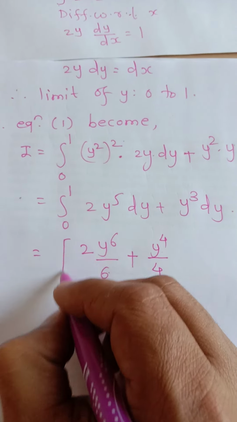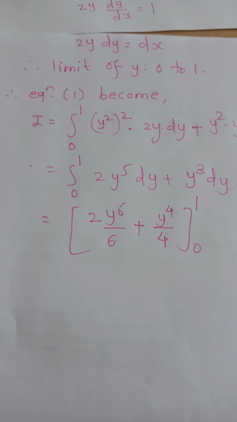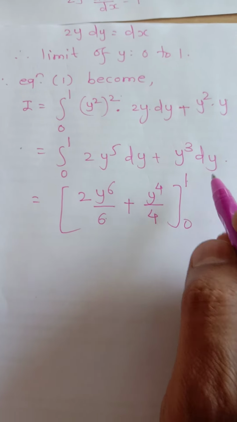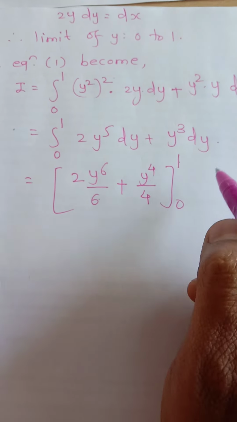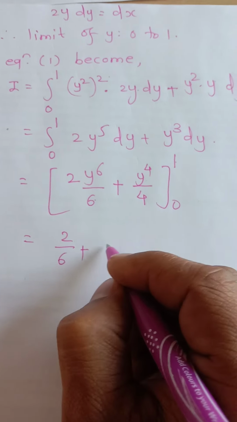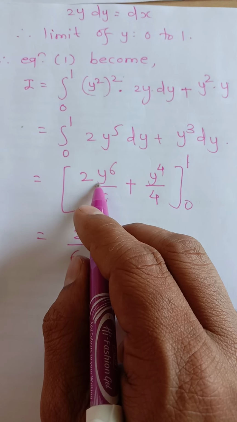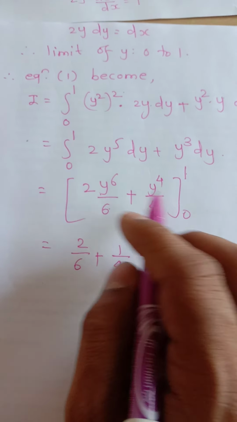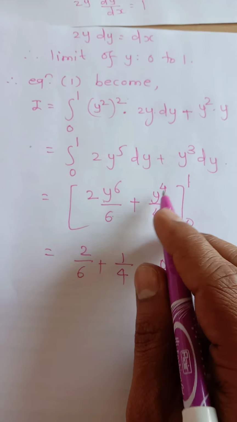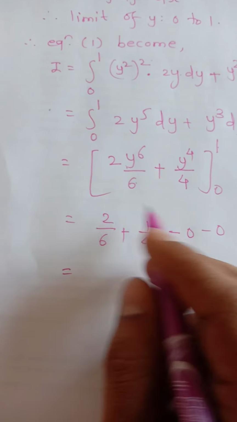The limits of integration are 0 to 1. Now substitute the upper limit y is equal to 1 and the lower limit y is equal to 0: 2 by 6 plus 1 by 4, minus the substitution of y is equal to 0, which gives 0 minus 0.